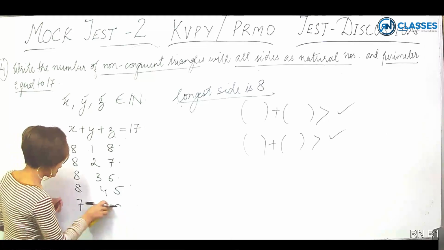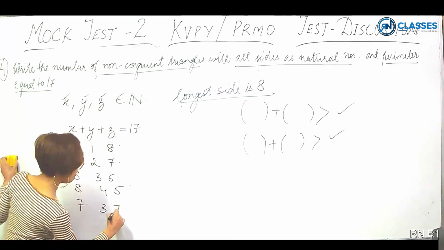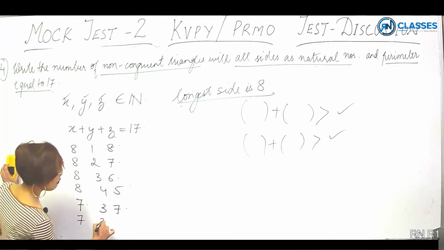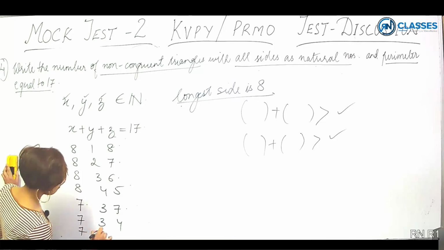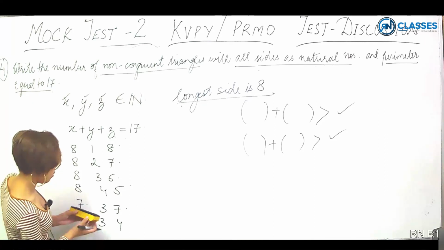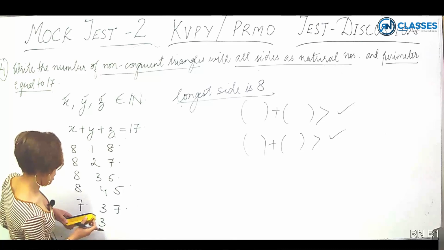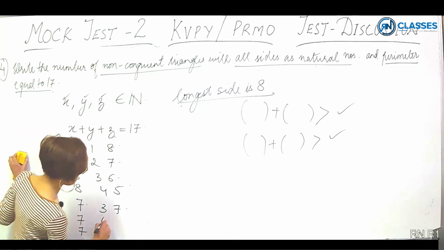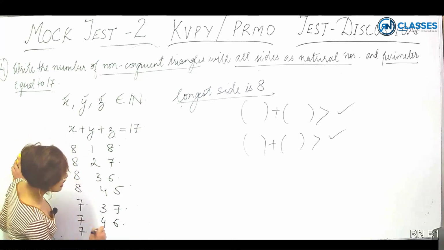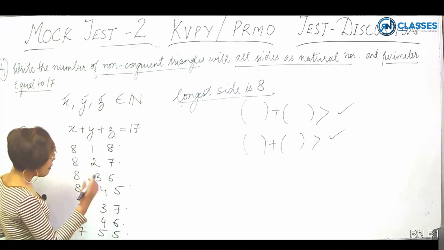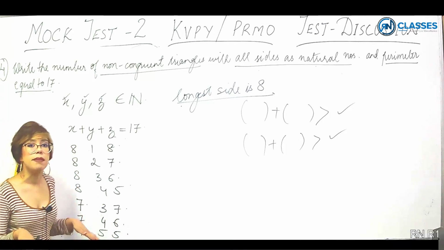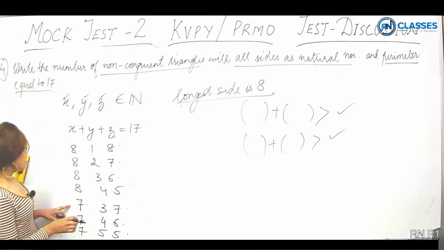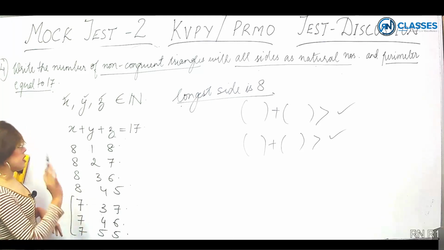Then I can have 3, 7, which is absolutely fine. Then 7, 3, 7, fine. 7, 4, 6, my bad, 7, 4, 6 is fine. 7, 5, 5, that is fine. After that, the cases will start to repeat. So the longest side 7 cases are exhausted.